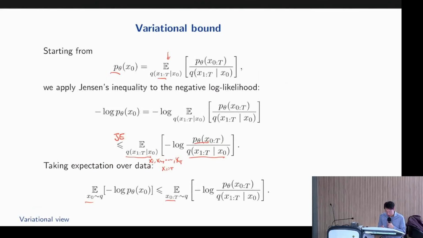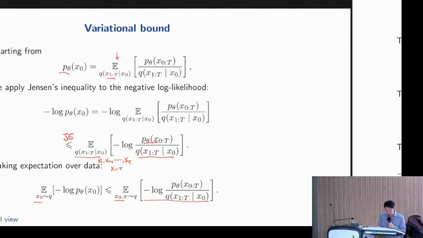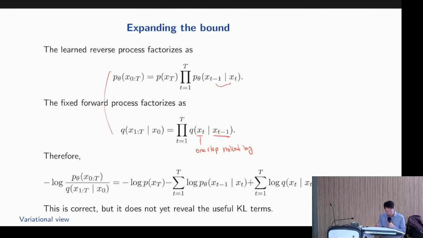Okay, so let's try to unpack what's inside the expectation here. That's negative log of the joint over Q distribution. So we can unpack this as following. Negative log P, a probability of pure noise, minus sum of the log probability of one step denoised image given xt, and sum of the log of Q of xt given one step denoised image.